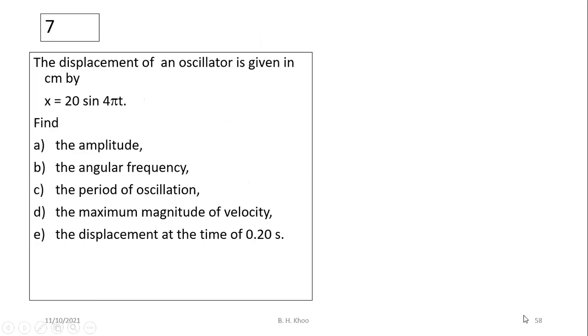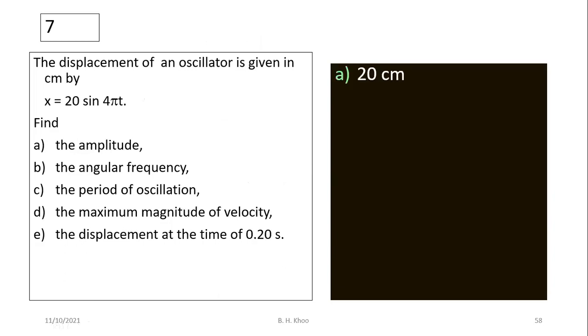Okay, now reading the equation. What's the amplitude? 20. What's the angular frequency? 4 pi. What's the period? No, B is 4 pi, right?